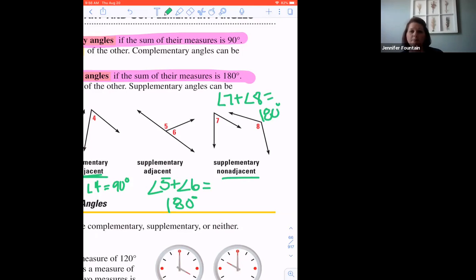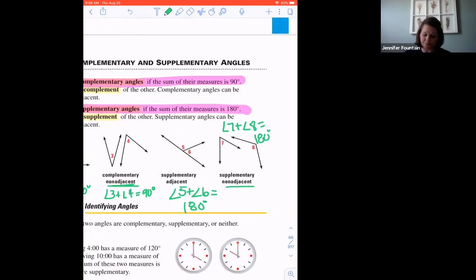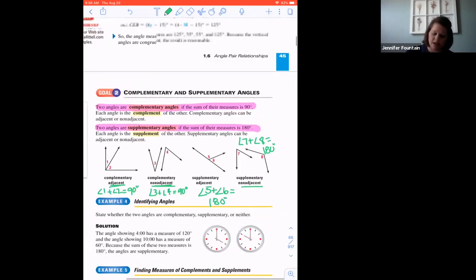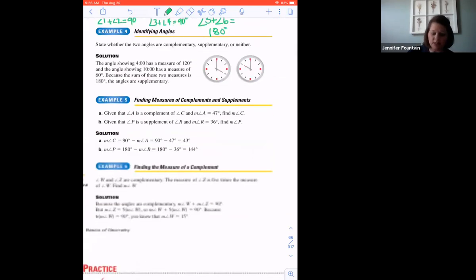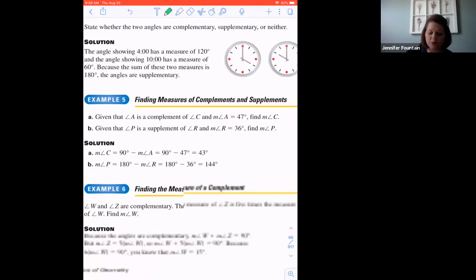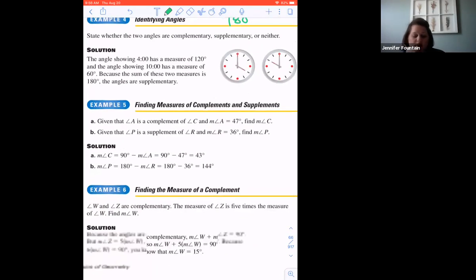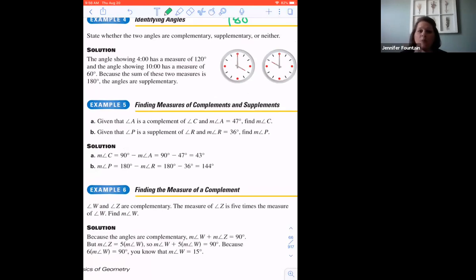Complementary 90, supplementary 180. Okay, they are giving us some clocks to look at, and it says state whether two angles are complementary, supplementary, or neither. You're going to have more chances of something being neither, because it's either 90 or 180 or anything else.